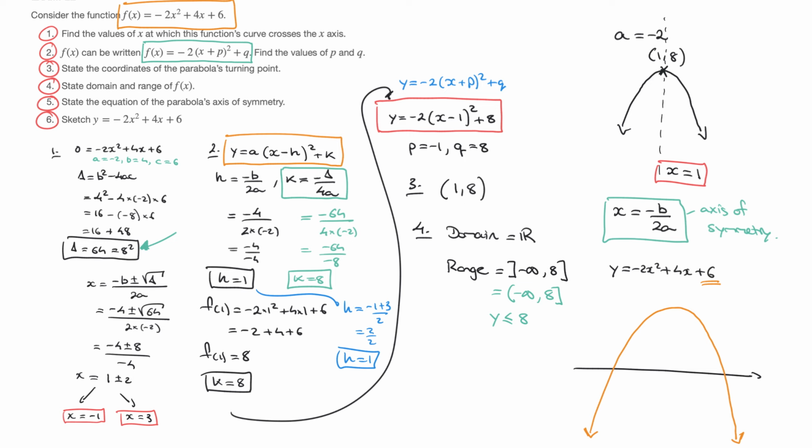I find it easier to place my y-axis after. Its x-intercepts are negative 1 and 3. So that tells me that the y-axis is going to be closer to this x-intercept. So I now draw my y-axis like that. That's y. I'll label the origin. There we go. It crosses the x-axis at negative 1 and at 3. Its vertex, the maximum or turning point, has coordinates (1, 8).